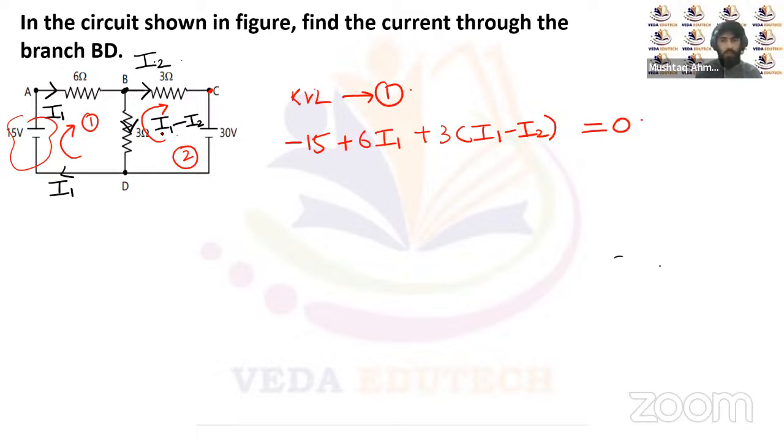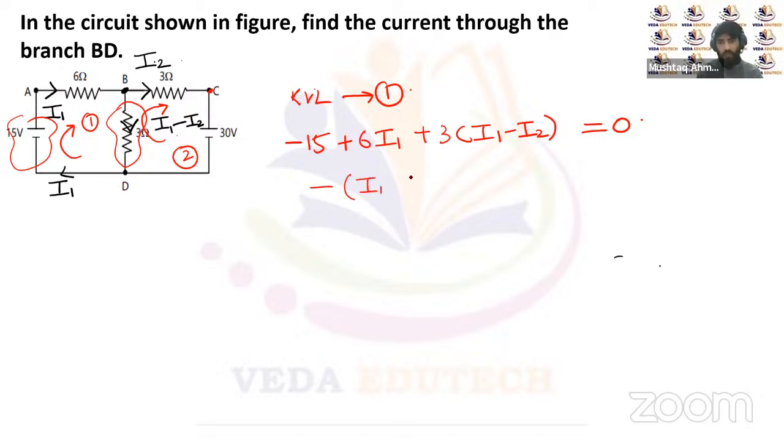Now let's apply the same KVL in this mesh also. Firstly we are facing this resistor. Here the current is moving opposite to the direction in which we are moving, so we'll take it as negative, and the current flowing through this is I1 minus I2.